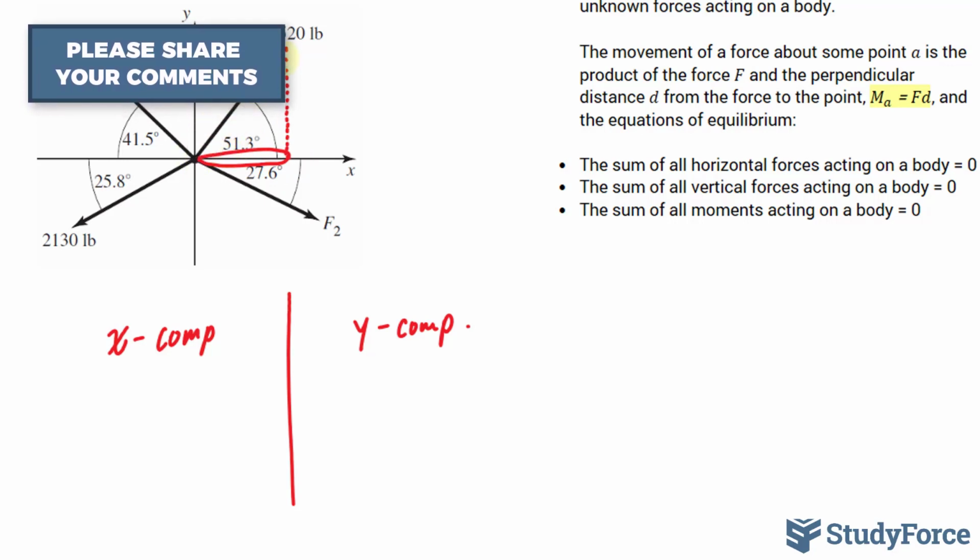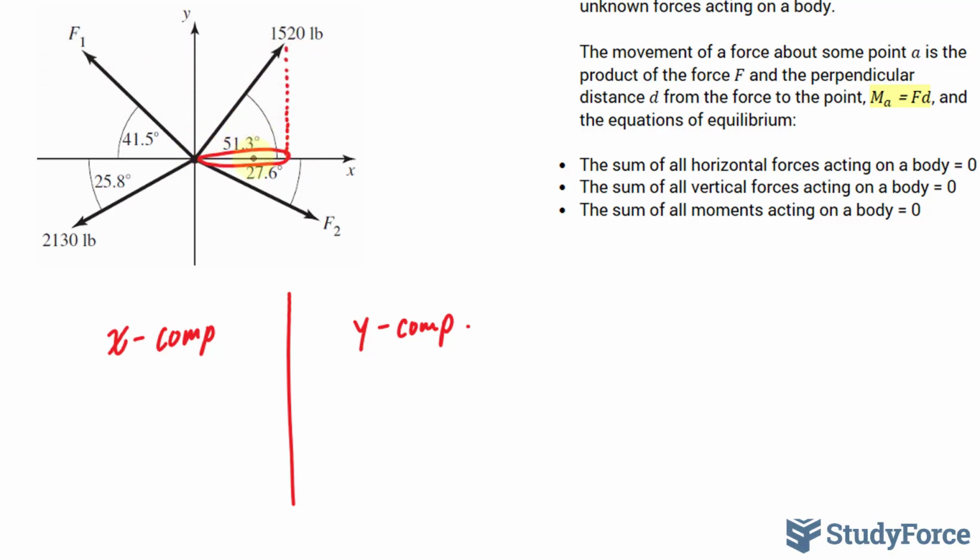I have the hypotenuse, I'm looking for the adjacent, so I'll be using cosine, because cosine relates the adjacent over the hypotenuse. So if I replace 1520 into h and 51.3 into theta, my angle, and solve for a, I end up with 1520 times cosine 51.3 degrees.